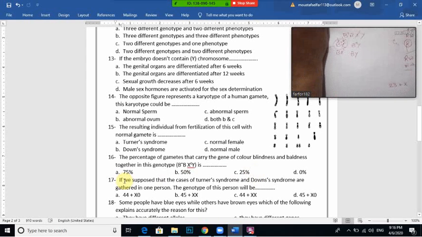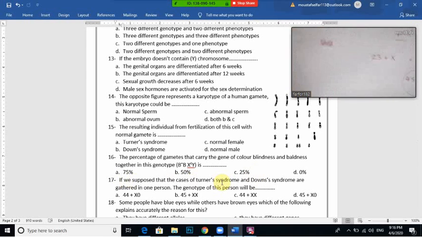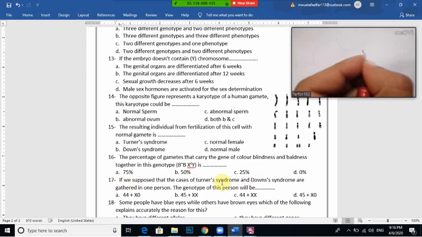Number 17, if we suppose the case of Turner syndrome, the genetic structure of Turner syndrome is 44 plus X0, and the genetic structure of Down syndrome is 45 plus XX or 45 plus XY.